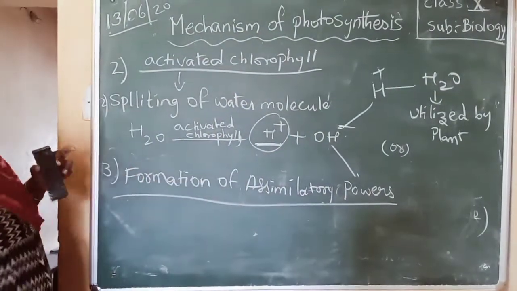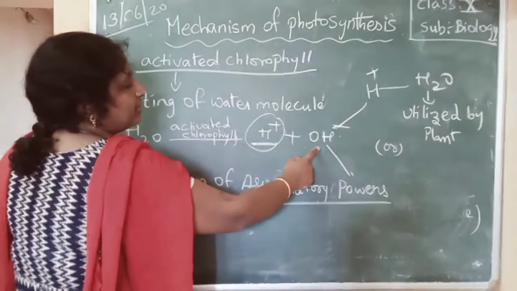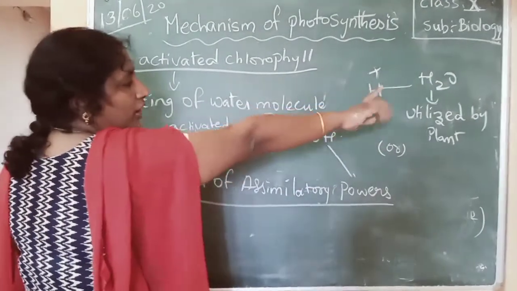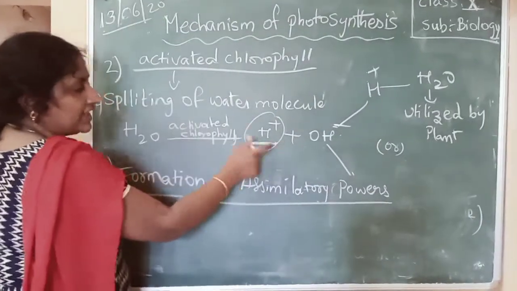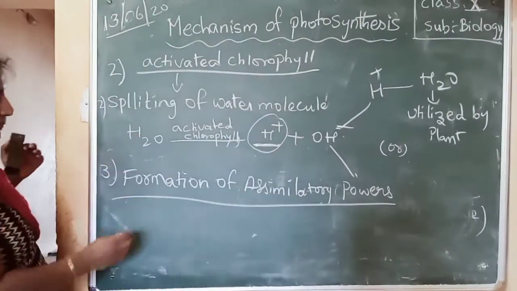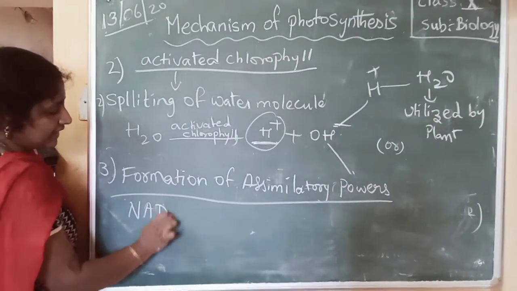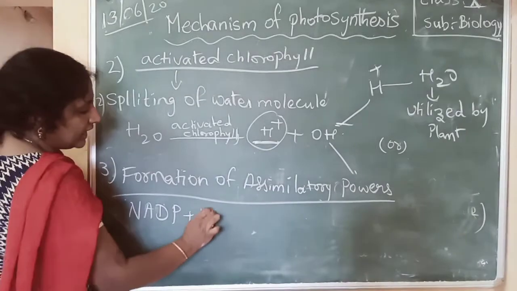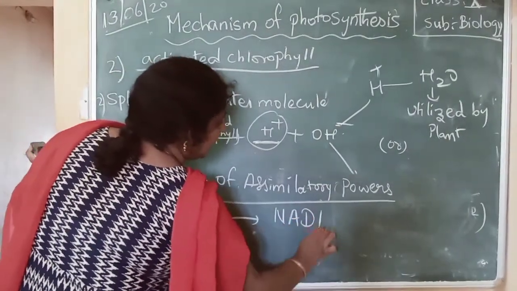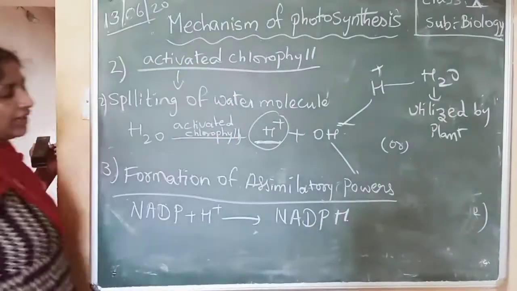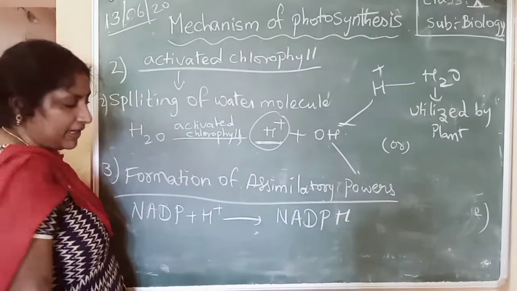In the second step, what happened? Water is split into H plus and OH minus. OH forms water or oxygen. So what happens to the H plus ions? The H plus ions are taken by NADP to form NADPH. NADP takes the hydrogen ions and forms NADPH.